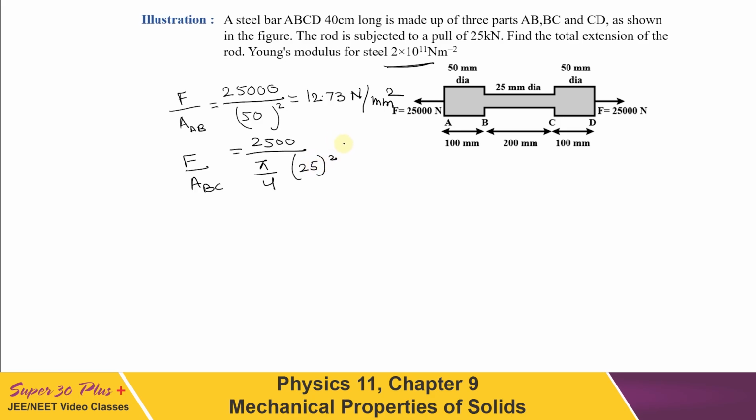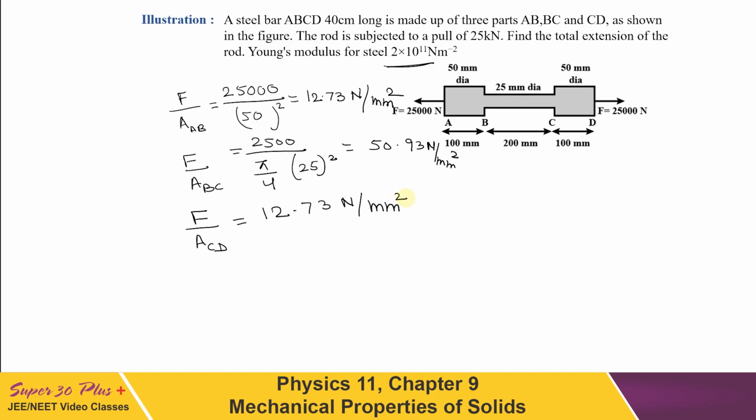And this answer will be 50.93 Newton per millimeter square. And in the same way, for part CD, it has to be F upon area of CD. On putting all numerical values, we will get 12.73 Newton per mm square. So these are the stresses in the three parts.